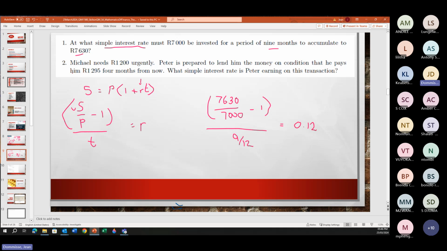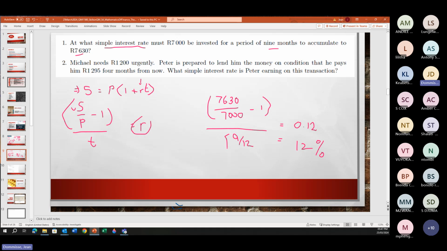But then we just need to put it in a percentage. So that times 100 will give us the percentage of 12%. Okay, so we need to manipulate the formula so that R is the subject of the calculation. Then we have all of the other information points.